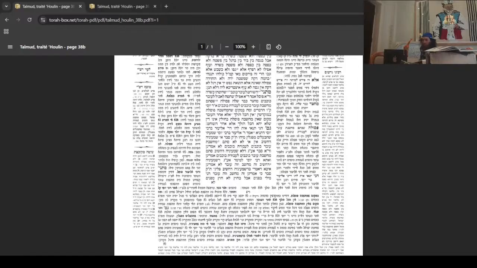The Tanna Kamma says we don't learn it like that. Lo yalfinan, to say that the owner's thought forbids the animal in a regular mundane meat sandwich.